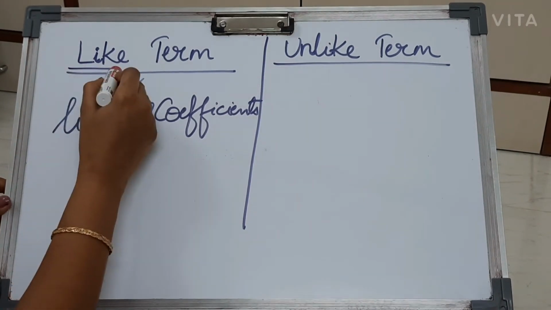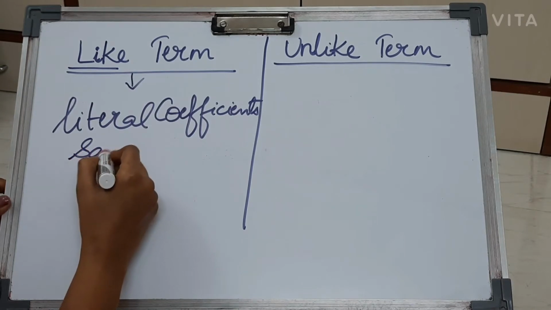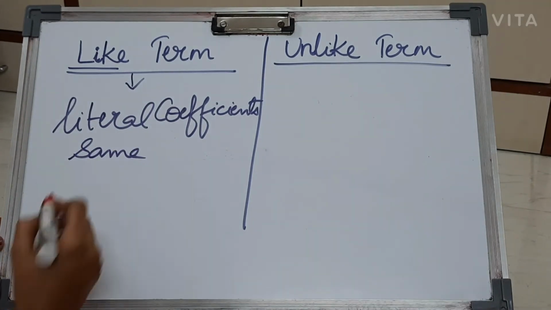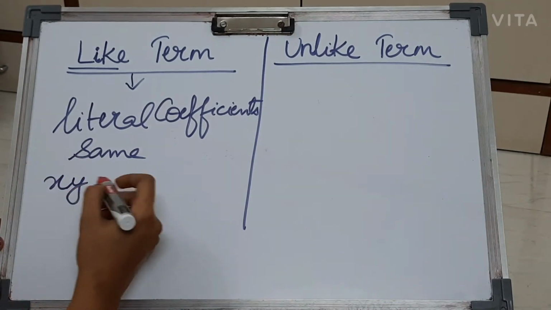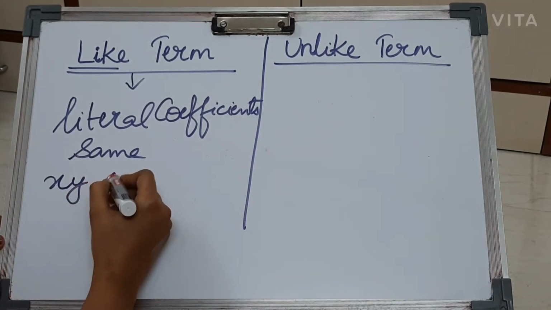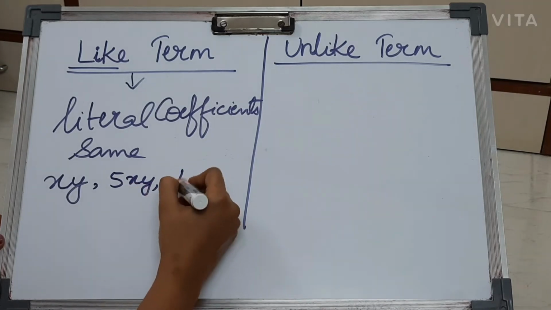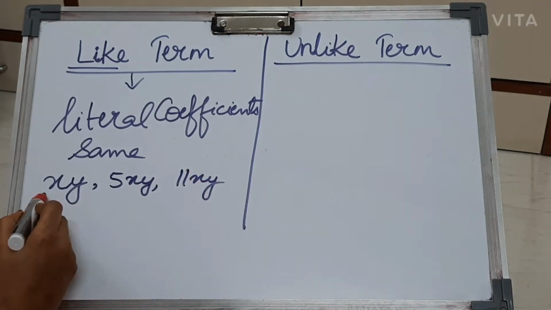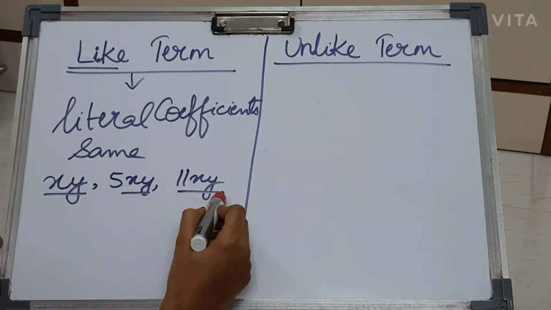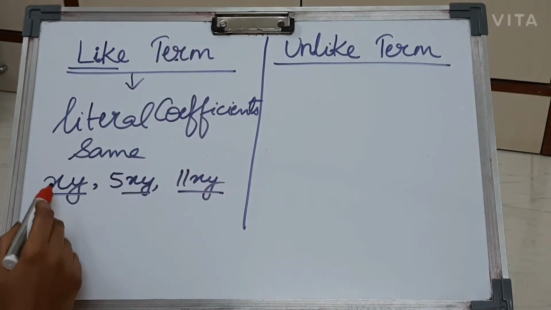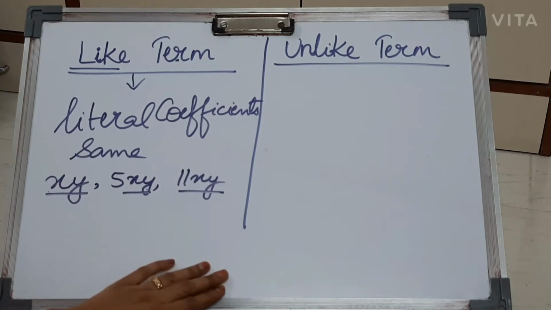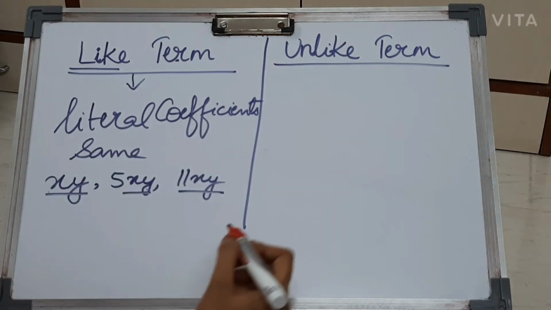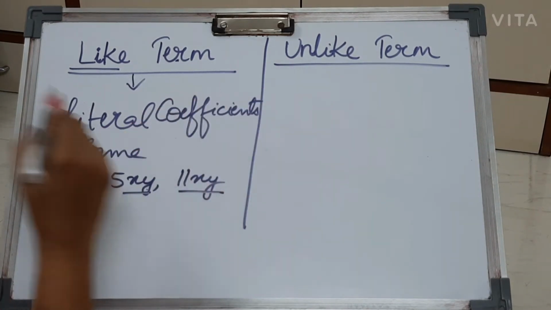Now like term, as the word says, means same term. Same term means what? Suppose we take xy as an algebraic expression and if I take 5xy or 11xy, that means xy, xy, xy are like terms and the literal coefficient also remains the same. For unlike terms, they do not have the same literal coefficient.